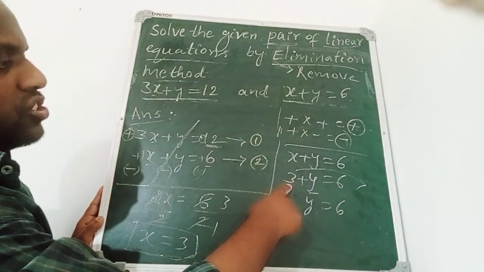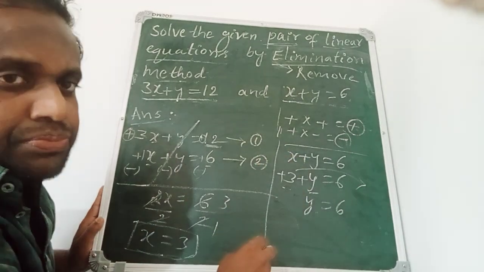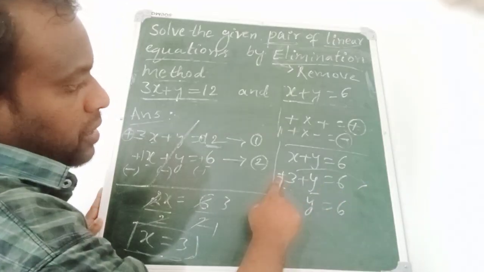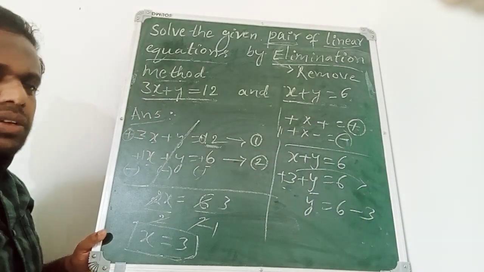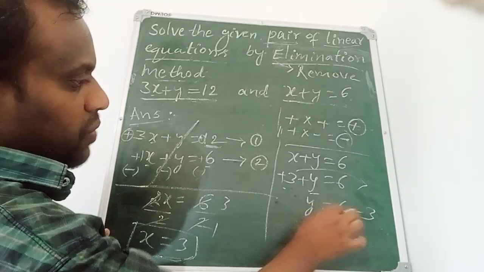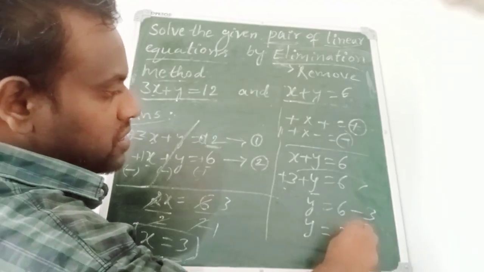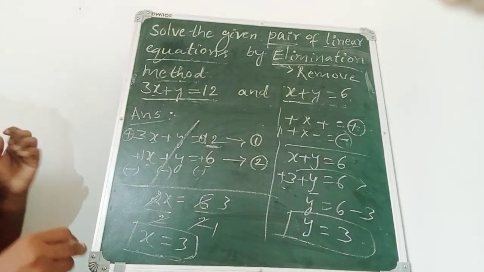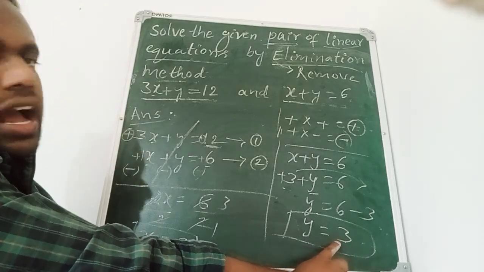Now your 3 is there, nothing is there means plus is there. Okay, see when plus 3 is moved to this side, this plus 3 becomes minus 3. Now next step, y is equal to, write as it is, 6 minus 3 is 3. So we got y is equal to 3.